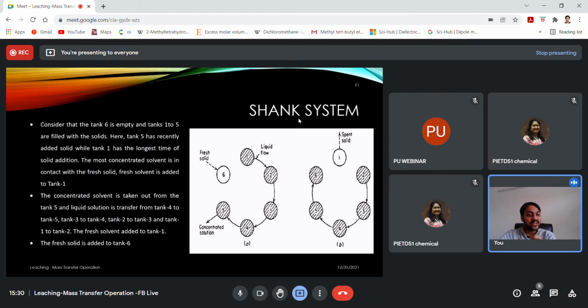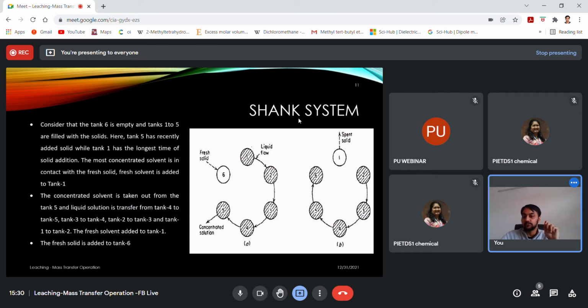So that fresh solid can give the maximum amount of solute, and that liquid is separated. So you can see in figure A, the concentrated solution is taken out from tank 5, and fresh liquid is added to tank number 1. Correct?